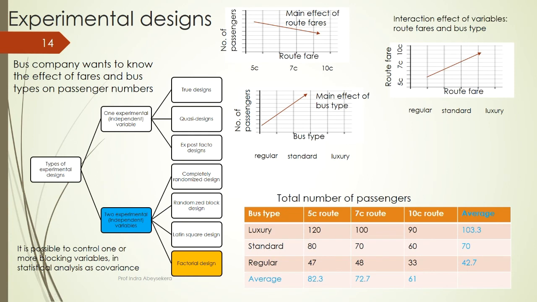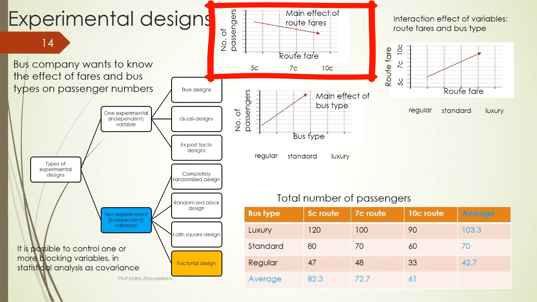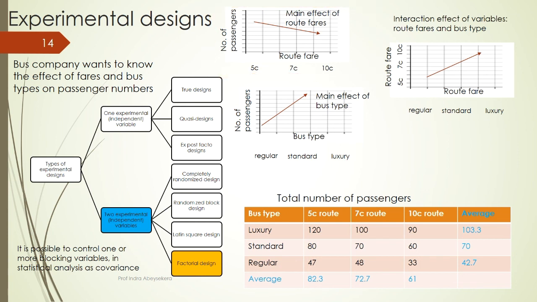So we can look at each independent variable in the factorial design and the number of passengers. We can see that when the route fare increases, the number of passengers decrease, and when the bus type changes from regular to luxury, the number of passengers increase.